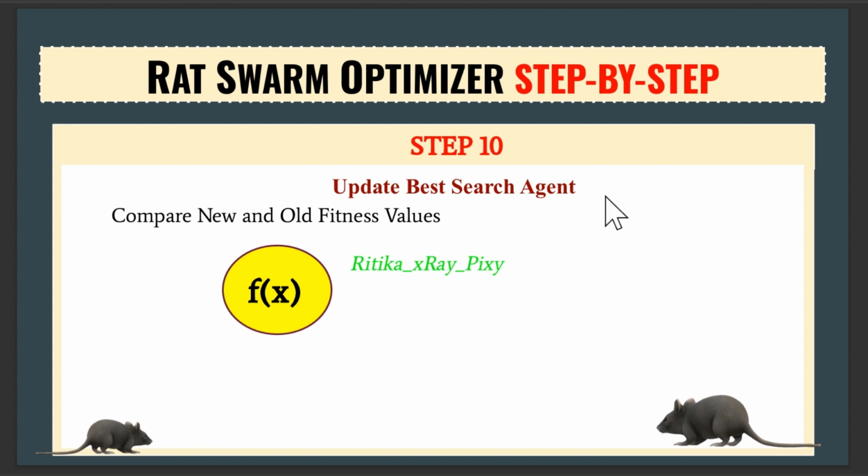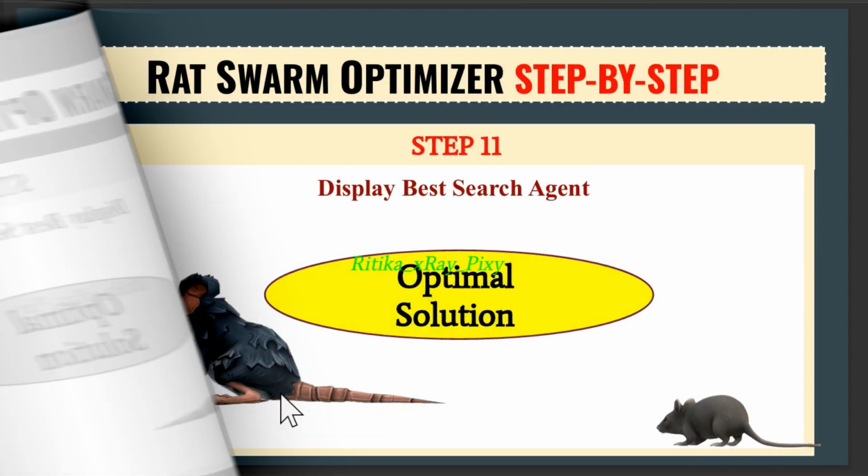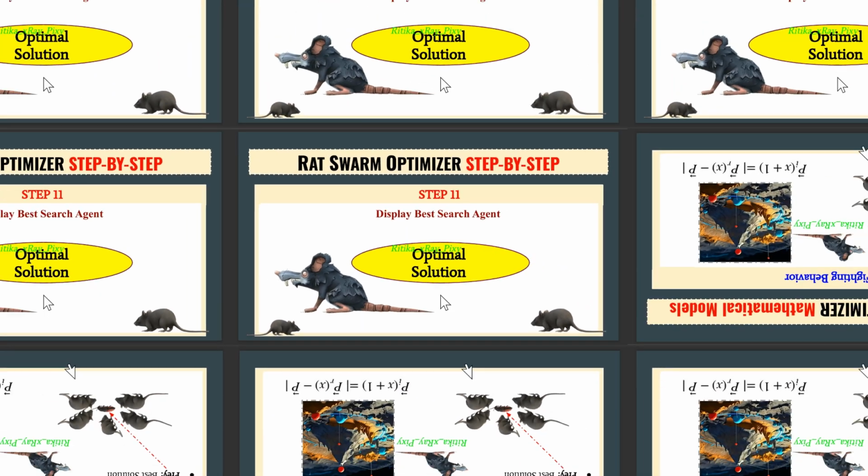Then we will compare our new best solution with the older one, and if the older one is better, we will keep this, and if we obtain any new fitness score that is better, then we will consider that as the new best score. Then increment the counter, and repeat the loop until the stopping condition is met. And once the stopping condition is met, we will stop and display the best solution that you found so far.